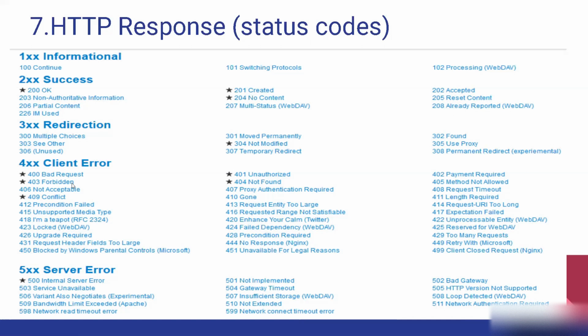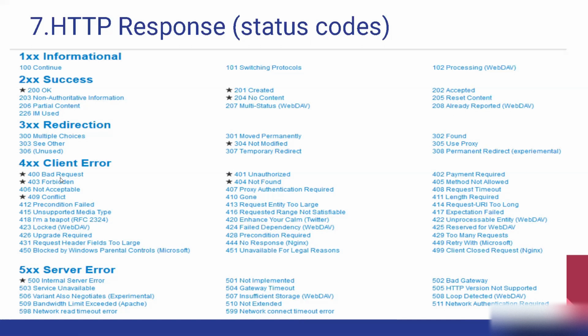Client error. While testing the APIs, if you put anything wrong in either the header or raw data, all those errors which are due to the client are client side errors. So for forbidden, you want to hit an API where you don't have access, then you get a forbidden error.